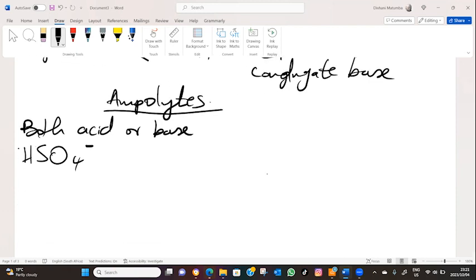Now, this ampholite can either gain a proton, H plus, or lose one.